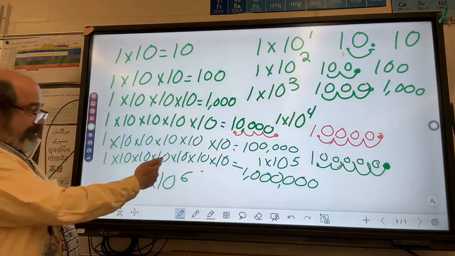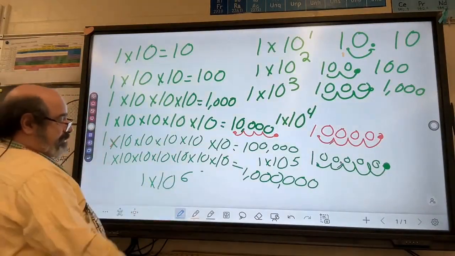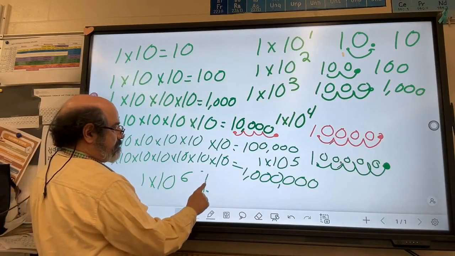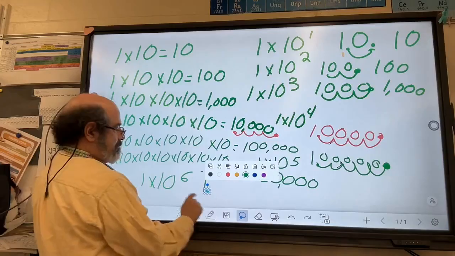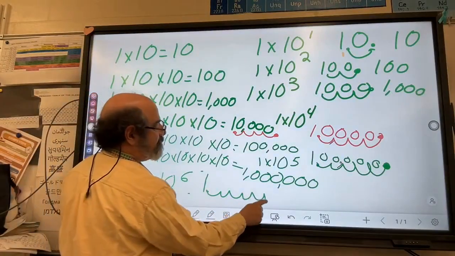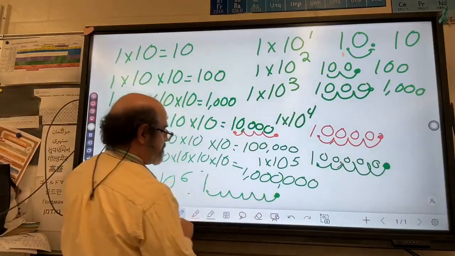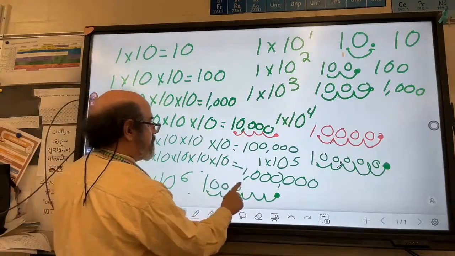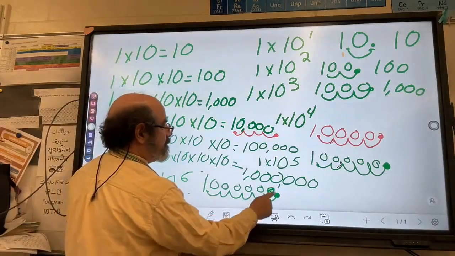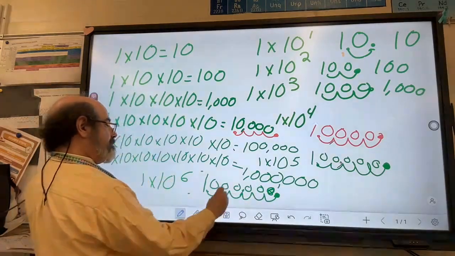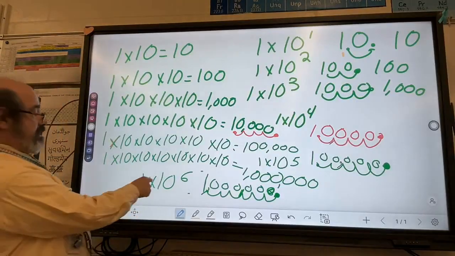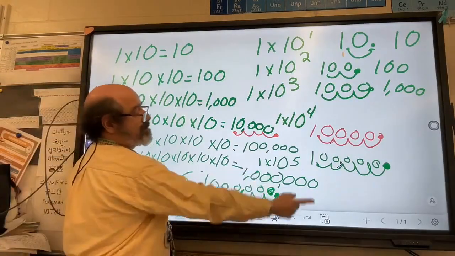And how did we show that to the 6th? We started off with 1, and then we moved that decimal point 1, 2, 3, 4, 5, 6 times. 1, 2, 3, 4, 5, 6 zeros. And now we can put the commas in there. And then we have a million. So 10 to the 6 has 6 zeros.